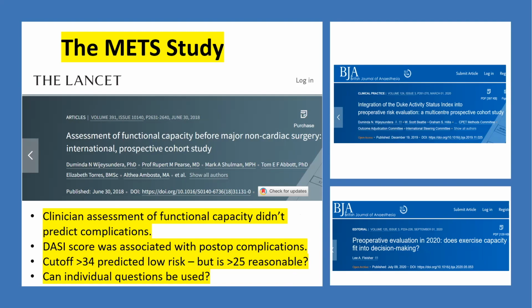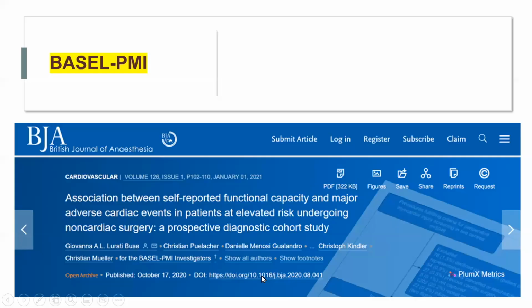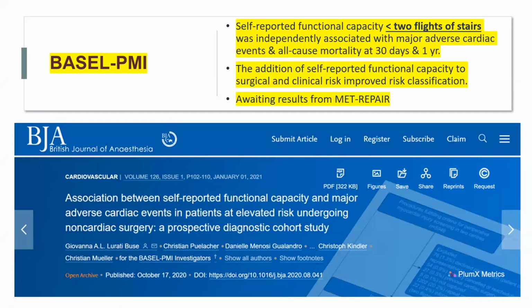And the other question is, can we use a single question rather than having to go through the entire DASI questionnaire? This was addressed in part by the Basel PMI study by Giovanna Lurati Buse and colleagues. What they found was that the inability to climb 2 flights of stairs was independently associated with major adverse cardiac events and mortality.